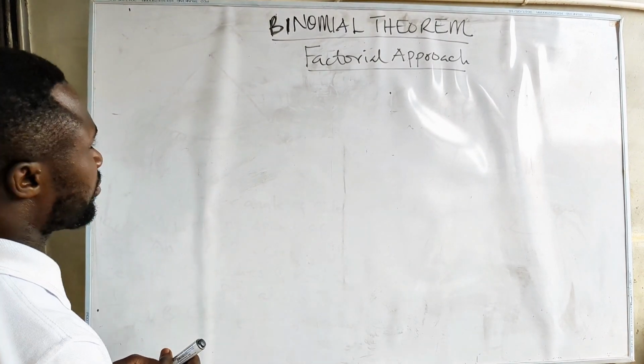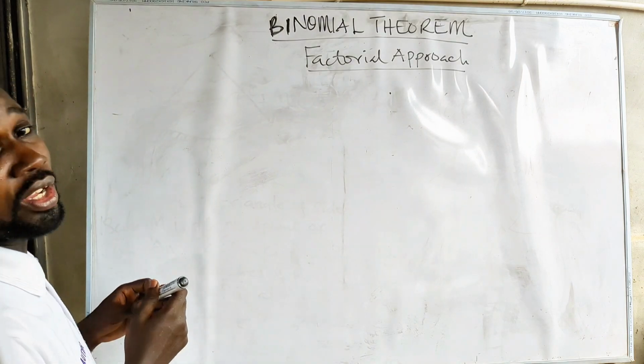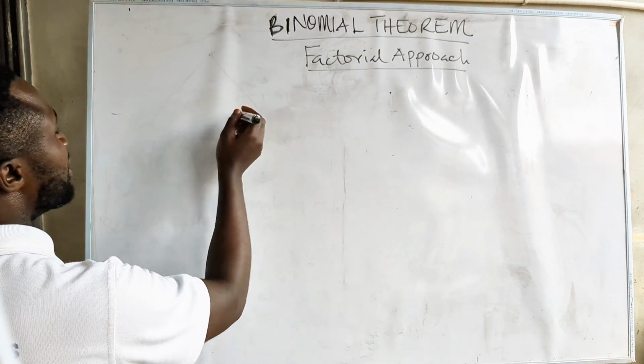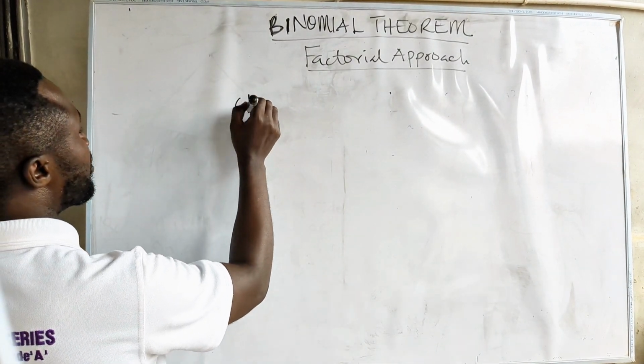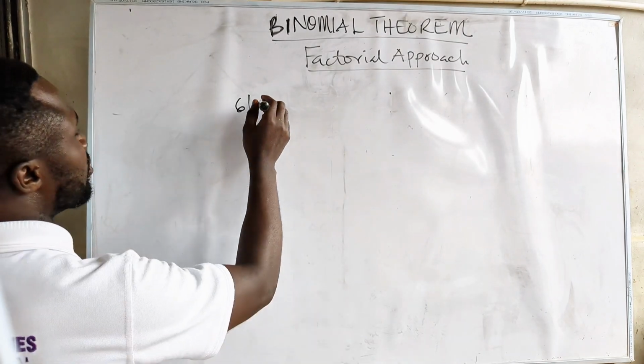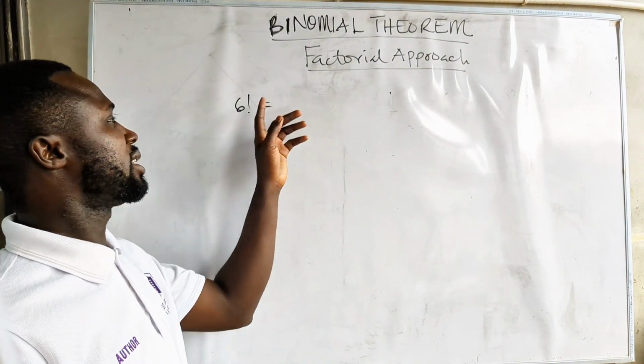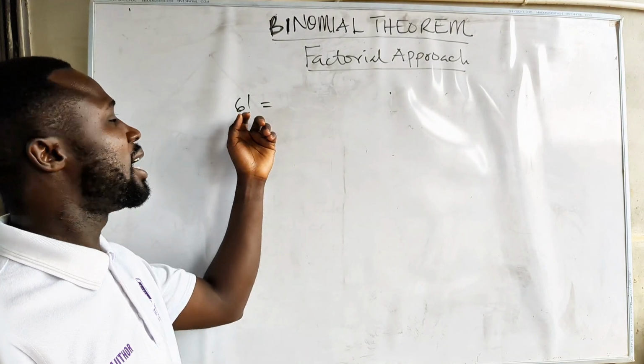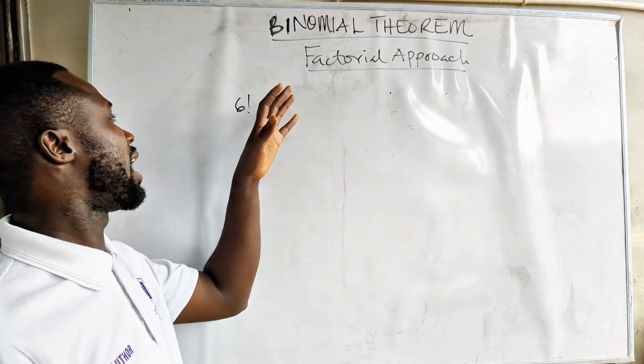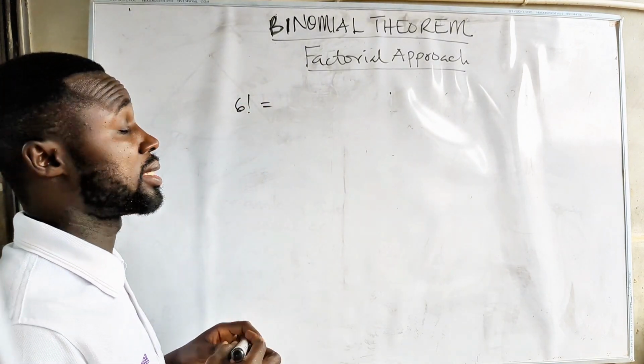For instance, when we talk about factorial, let's say I'm given 6 factorial. 6 factorial is the same as multiplying what? Positive numbers which are equal to or less than the number 6.